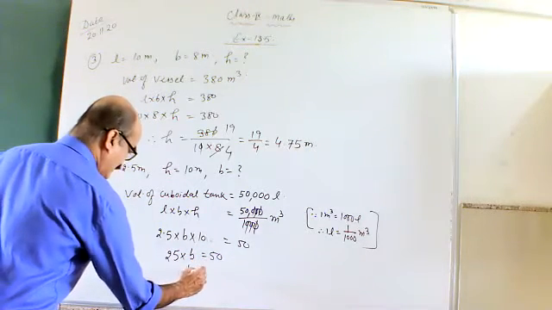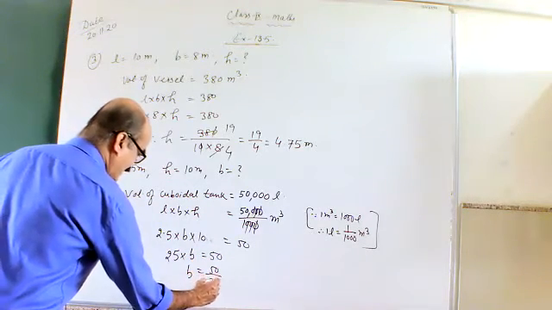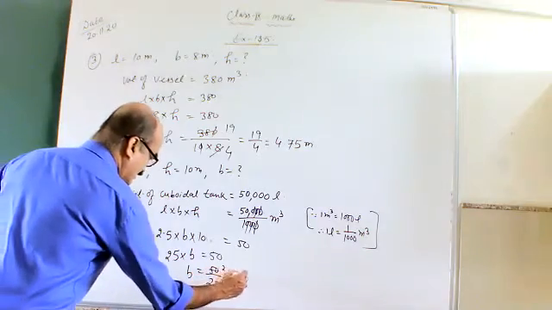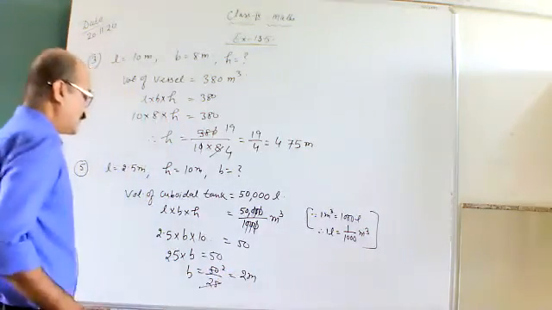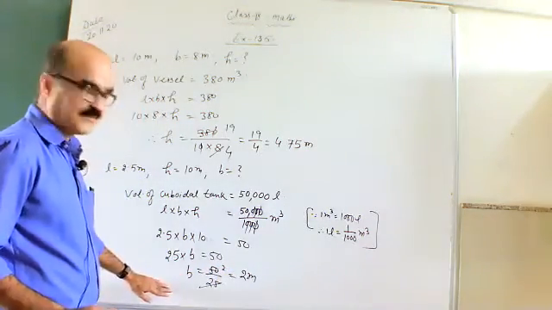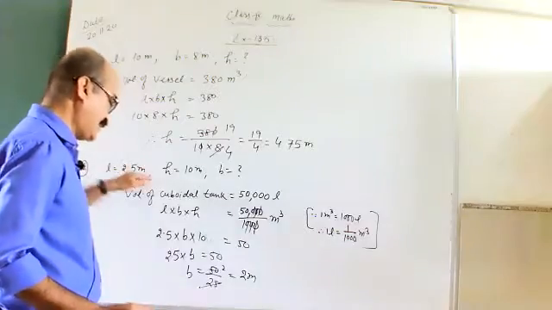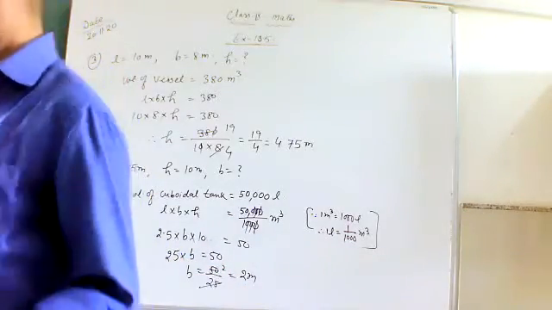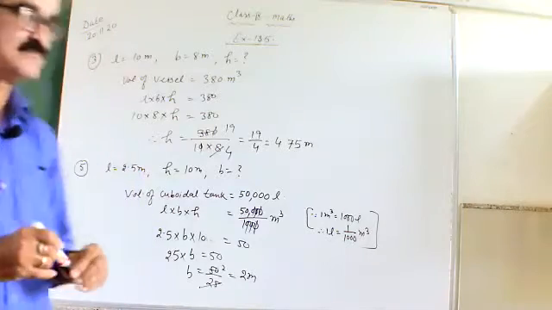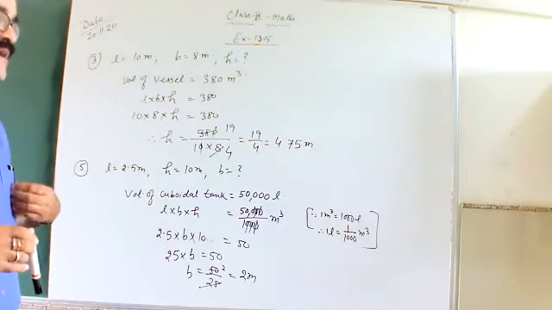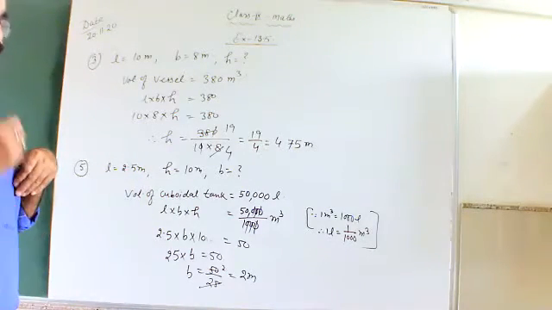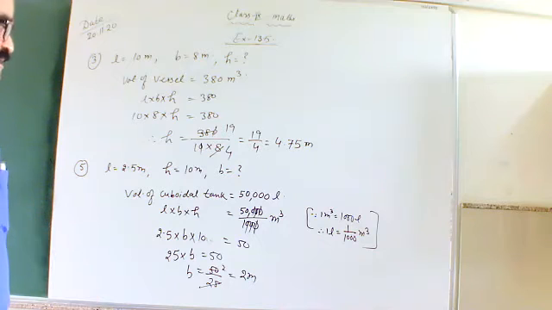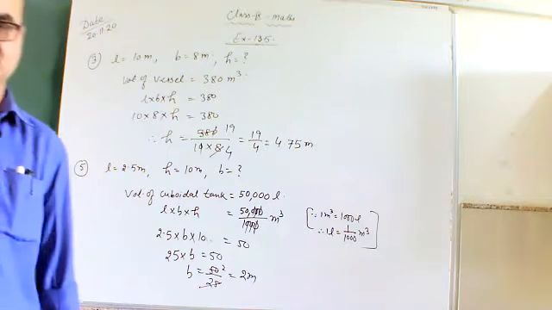So B is equal to 50 by 25, that is 2 meters. So therefore the breadth of the tank will be 2 meters. Clear now? Yes, yes sir, clear. Okay.